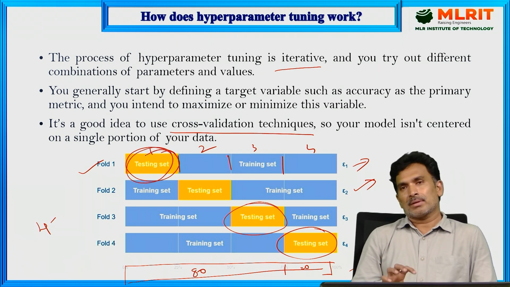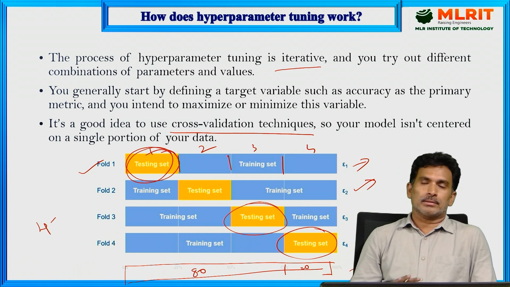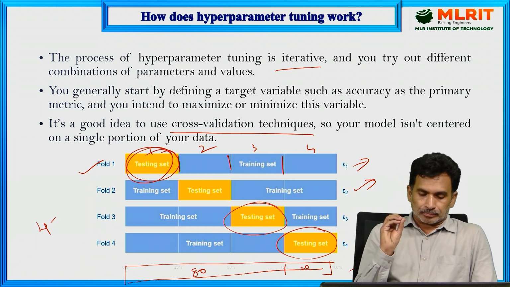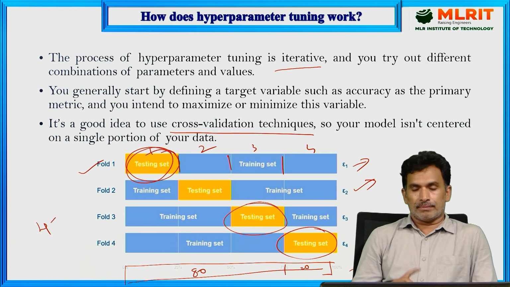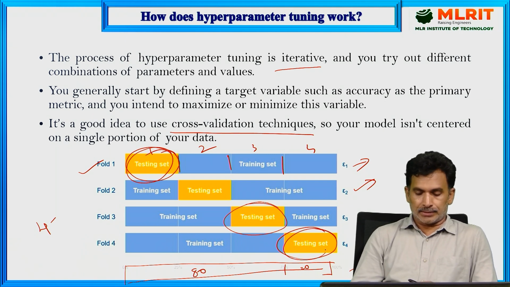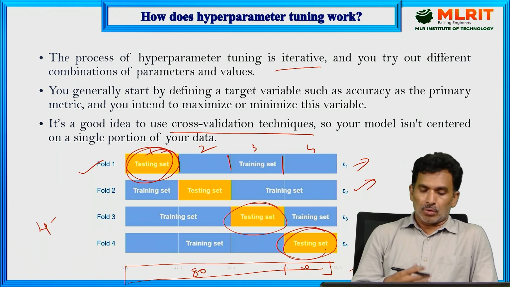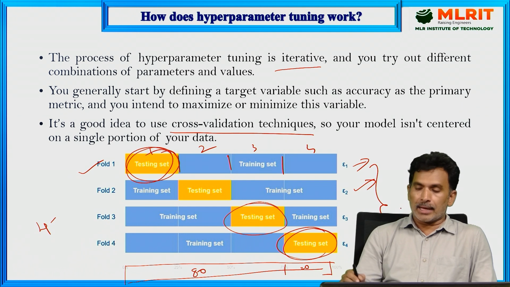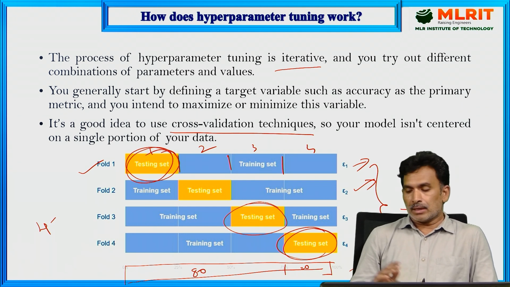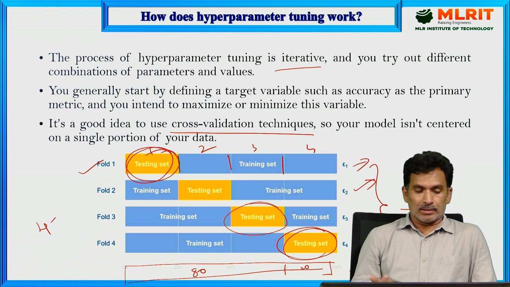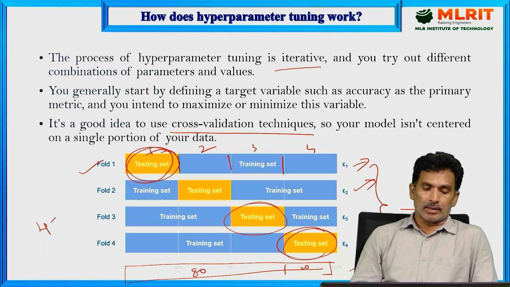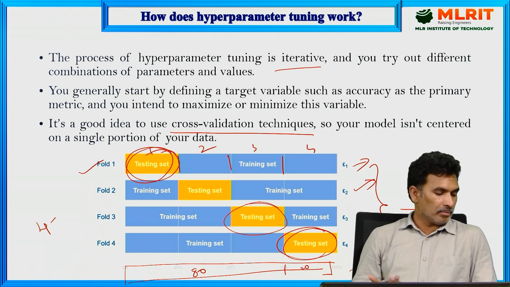That means we are training the model not just on a fixed training set or testing set, so that it will be more generalized. So we can find the average value, which would be closer to the real-world values, and the accuracy would be better.